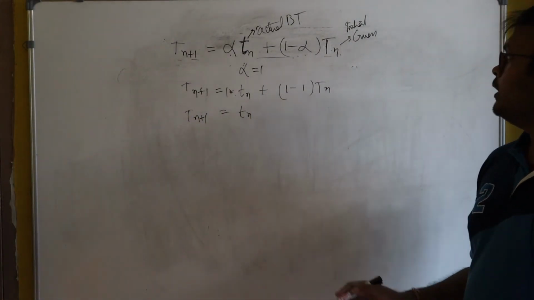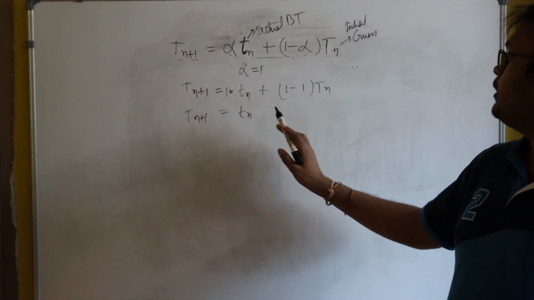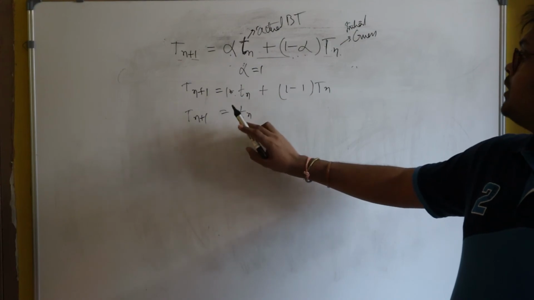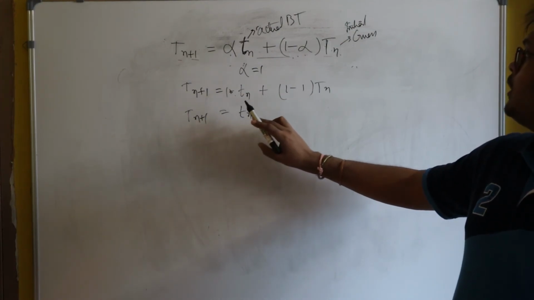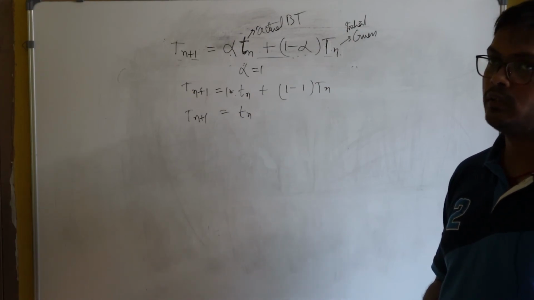It means that if the scaling factor is 1, then the burst time prediction will be just equal to the actual burst time of the previous process.